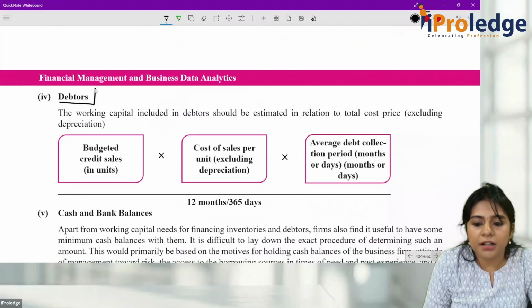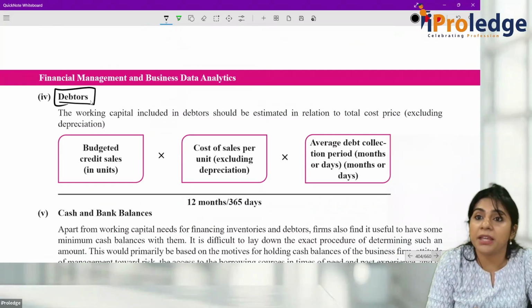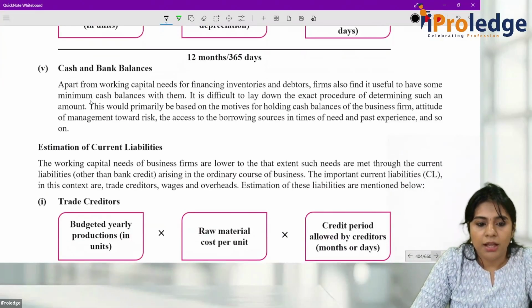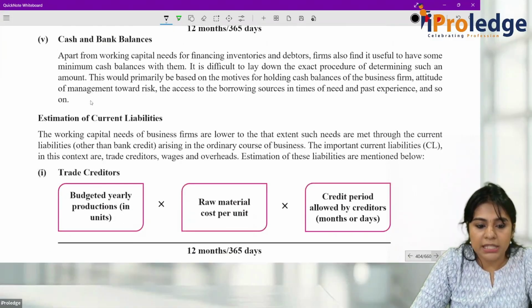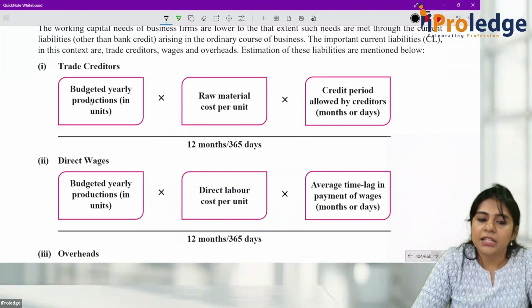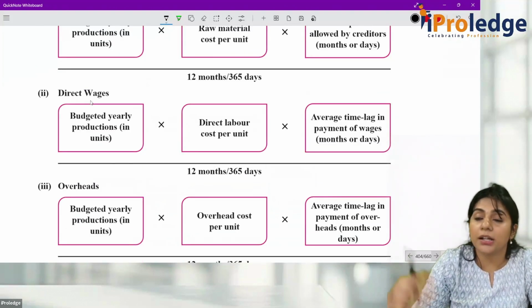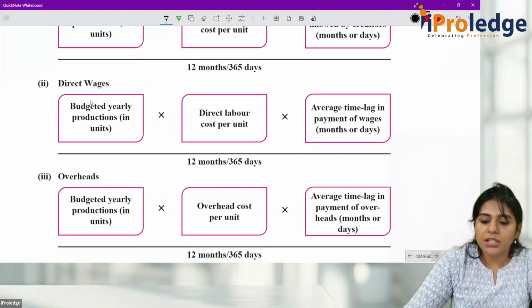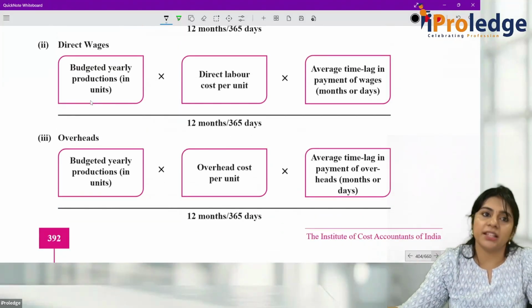Similarly, how much debtors will pay me? When will they pay me? That also can be estimated using this formula. Cash and bank balances, trade creditors, just like how we did inventory, same thing for trade creditors. You will understand this better when I take up a problem. So these are all formulas which we will be applying there.